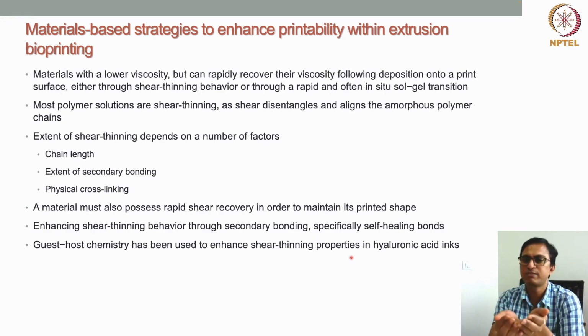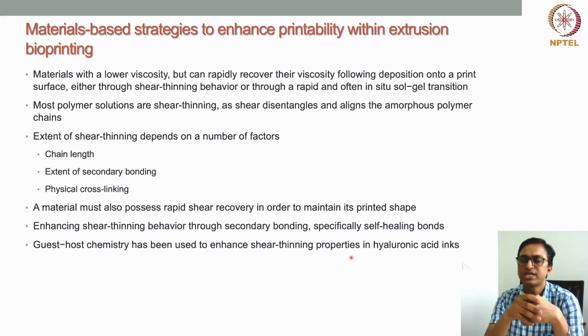But as soon as it comes out of the nozzle, it should gel immediately. That transition from sol to gel state should be very fast, almost instantaneous. In this way, we can improve the printability of certain low viscous materials.